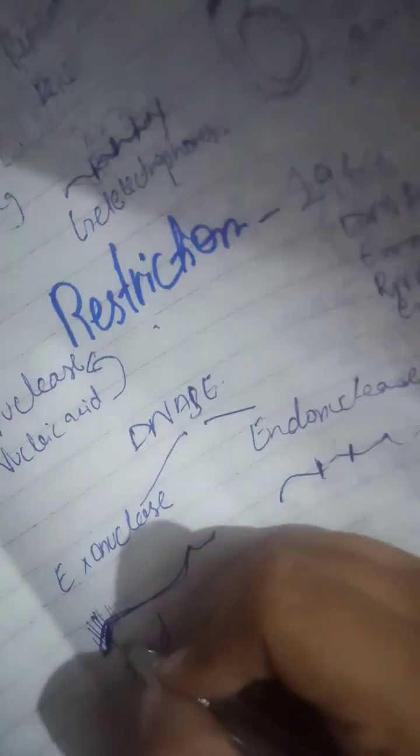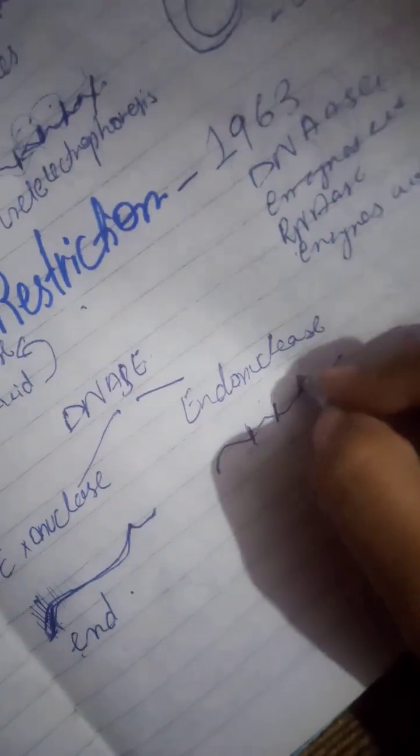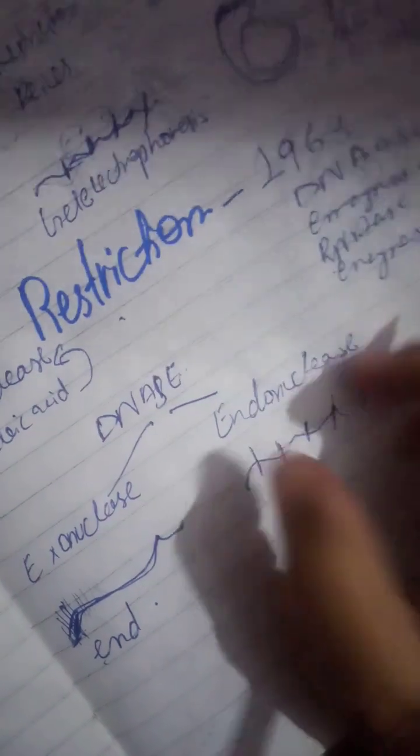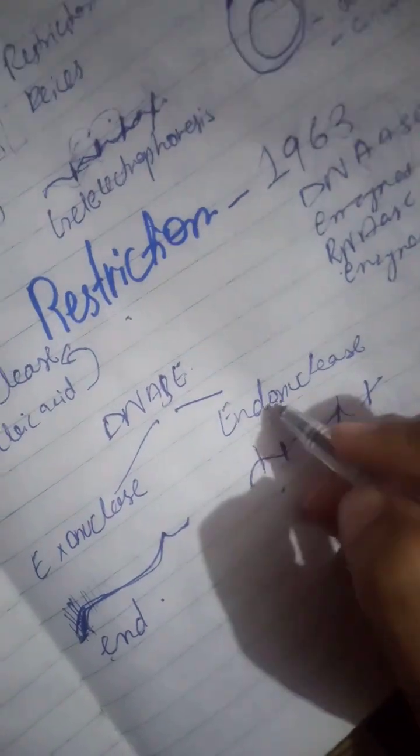It cuts from the center, wherever it wants, not from the end. That is endonuclease, and we will talk about endonuclease.